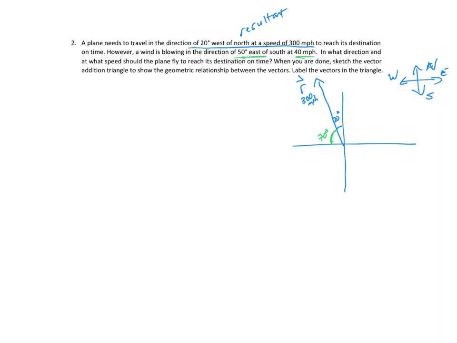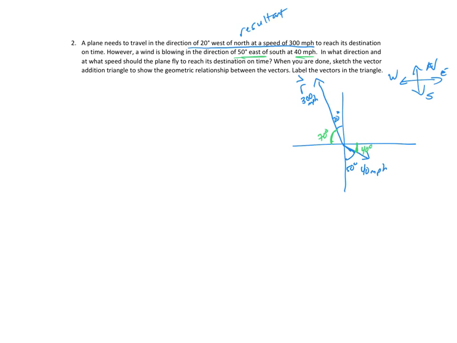So it's going to be 50 degrees east of south. So something like this. And its length is 40. So this is 40 miles per hour. This angle is 50 degrees east of south, which means that our reference angle back to the horizontal is going to be 40 degrees. That's what we're used to.